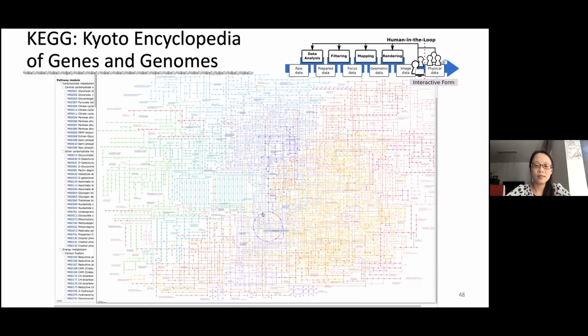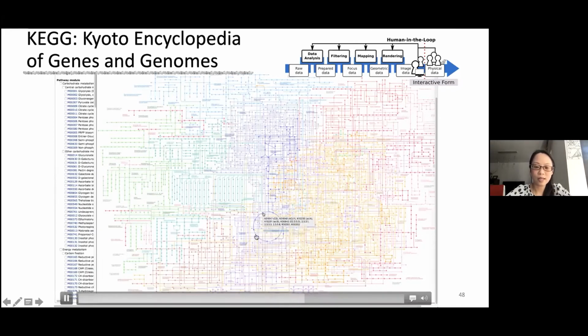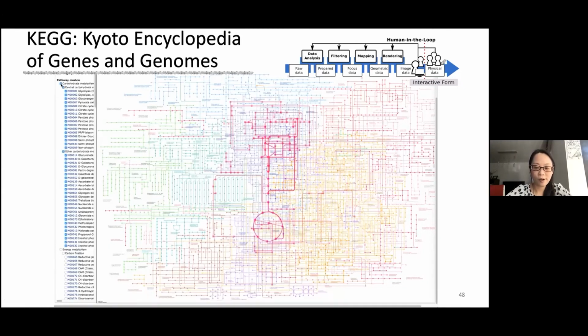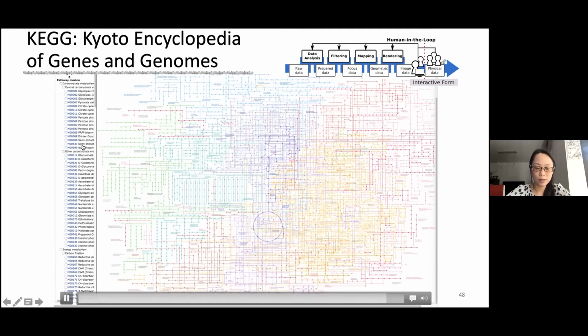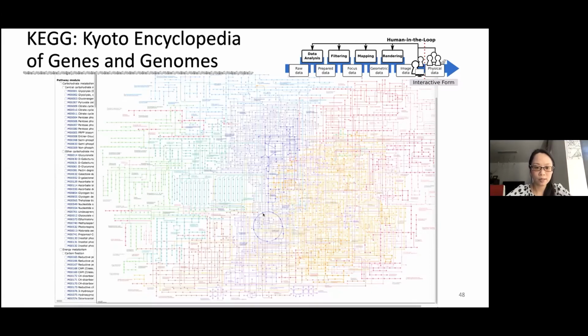But to be honest, if you don't remember all the relative positions on this diagram, you have to hover over all the individual vertices in order to better find your target, or you will need to search using a tool in order to highlight the target. Where is your target vertex or edge or reaction?